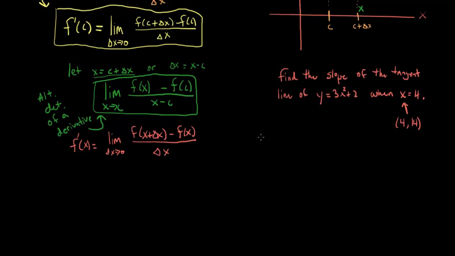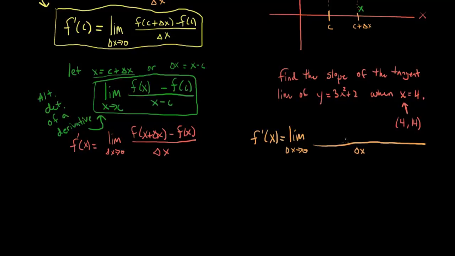Okay, so let's use the definition. f prime of x equals the limit as delta x approaches 0. Now let's write out what that means. It's going to be a long fraction. Delta x goes on the bottom according to our definition.